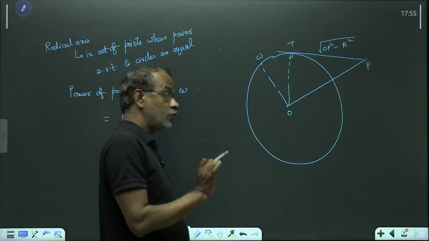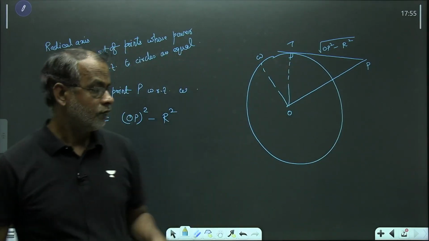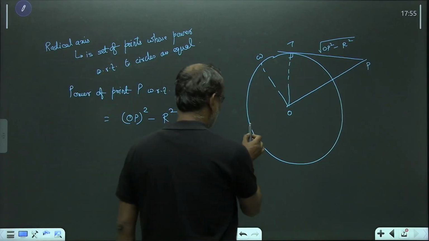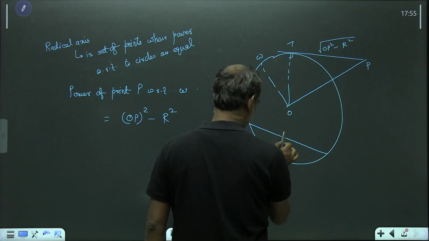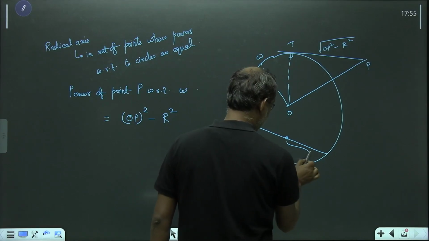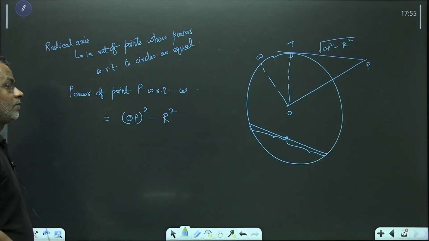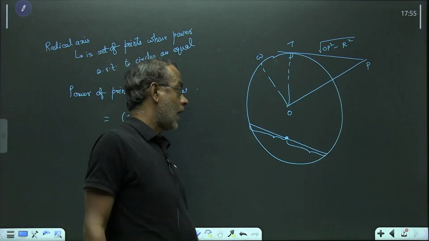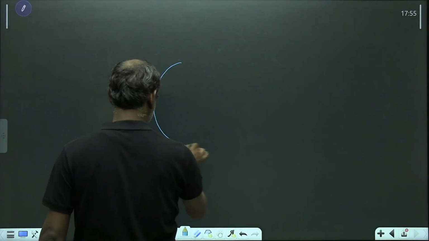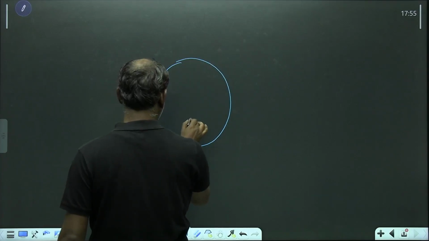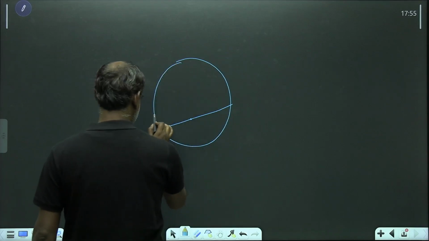For an internal point too, we say PA into PB is equal to the power, but then for an internal point, we talk about sensed magnitudes. If PA is positive, PB we say is negative. In that case it works. For internal points, minus PA into PB will be R square minus OP square. What I am trying to say is that suppose there is a point P inside and you draw a chord like this.